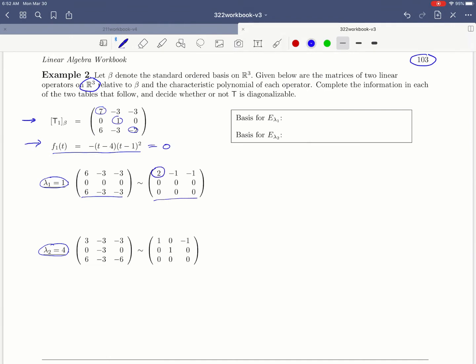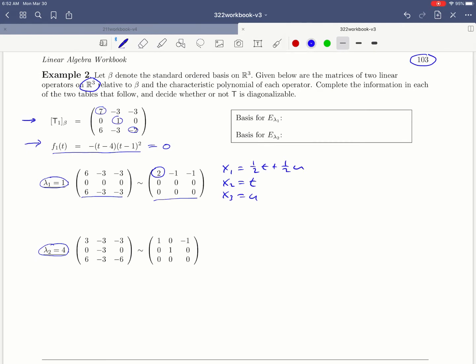Notice we've just got one pivot position, so that means we have two free variables in this case. If we want to solve that system, maybe let x2 be t and x3 be u. I'm trusting you could do the algebra and solve for x1, and if you do, you're going to get 1/2 t plus 1/2 u.